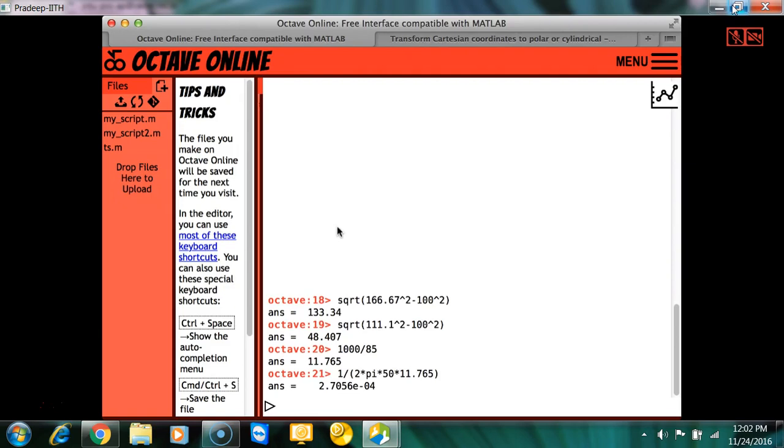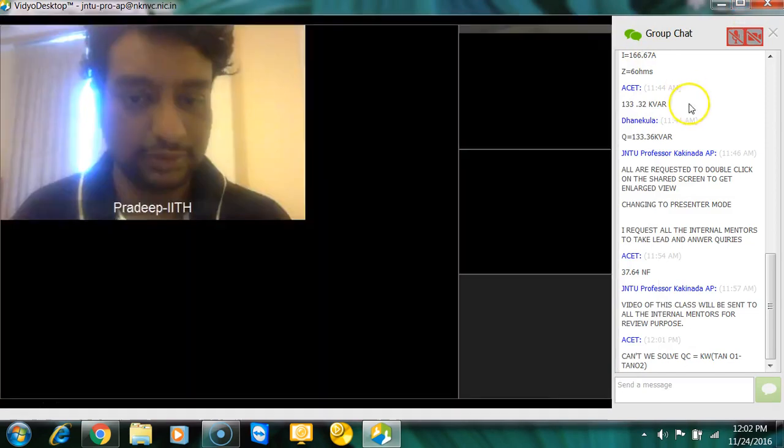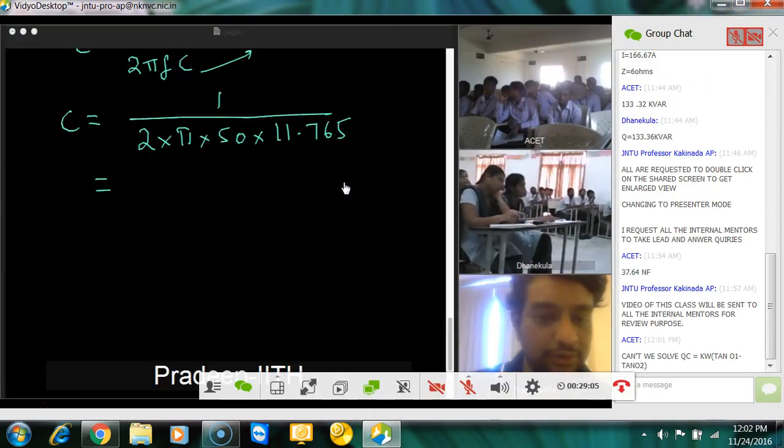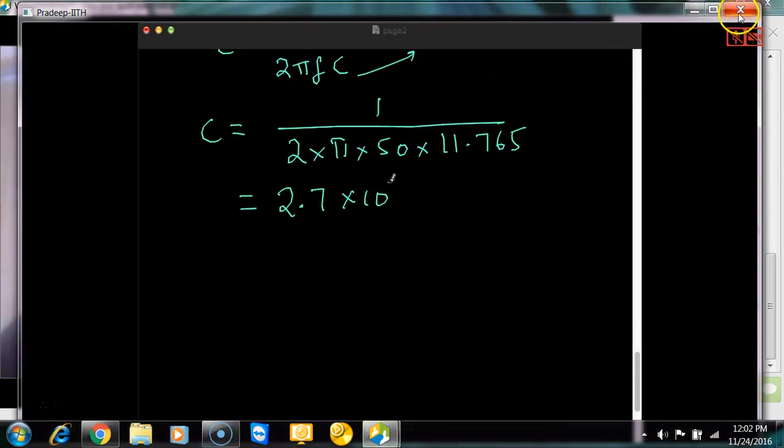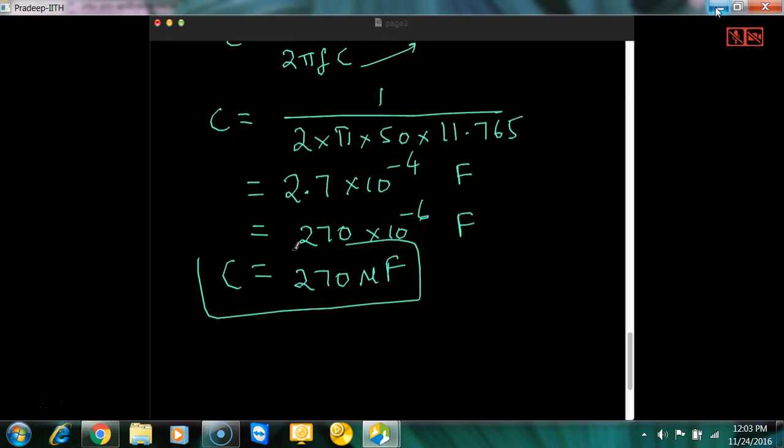The answer that is coming is 2.7 into 10 power minus 4, or if I write it as 270 into 10 power minus 6 farads, the answer is 270 microfarads. So if you have a 270 microfarad capacitor connected, it will be able to provide the required reactive power.